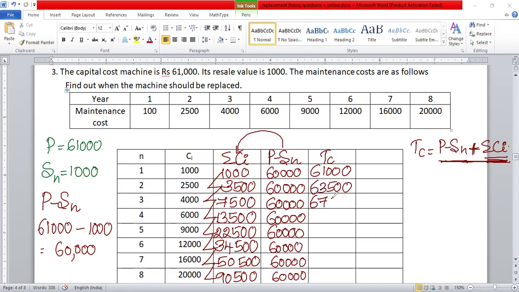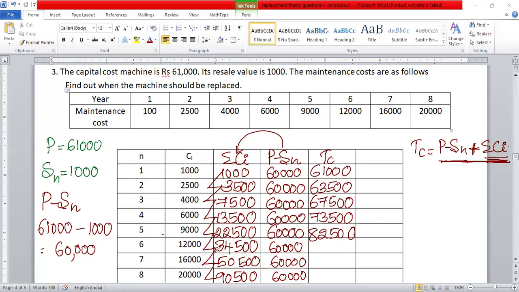Similarly, 67,500. 60,000 plus 13,500, so 73,500. 60,000 plus 22,500, 82,500.